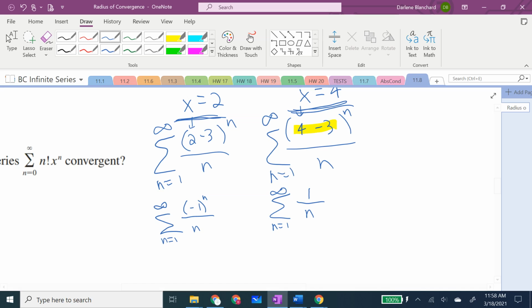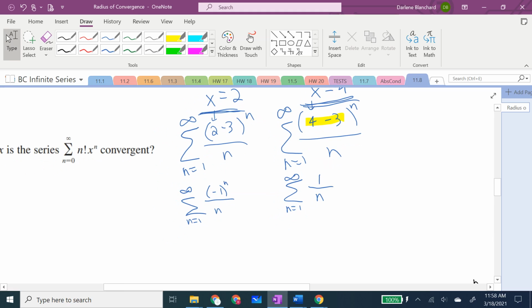And now here's another great thing to know. If you are doing interval of convergence on an AP exam, you get to just say converge or diverge at this point, state the test you used, and you don't have to show how you know the test works.